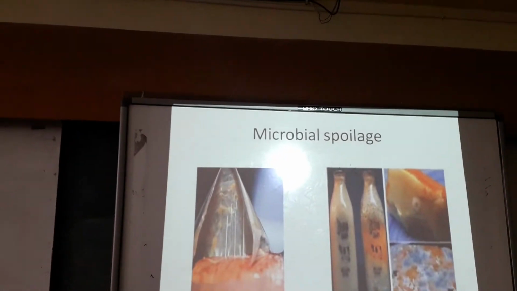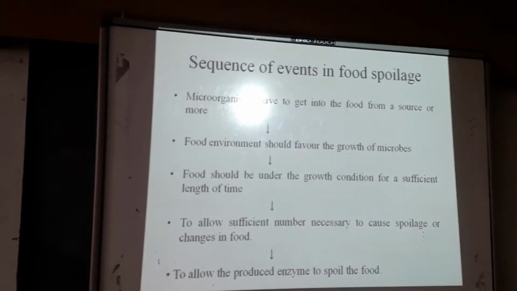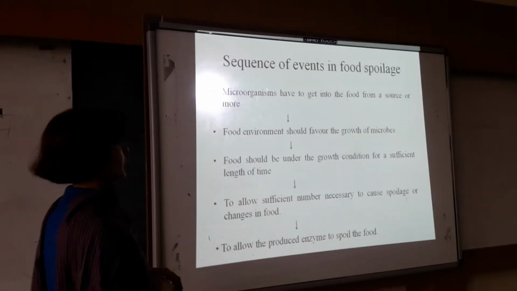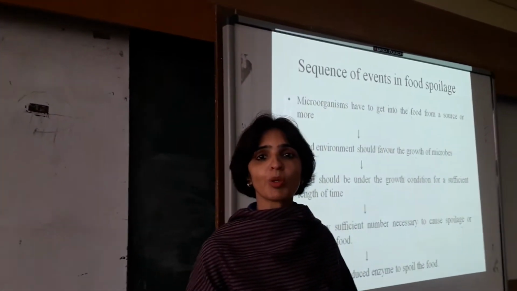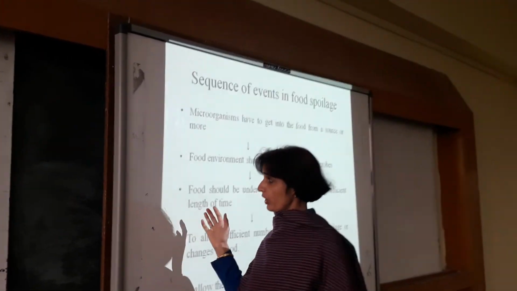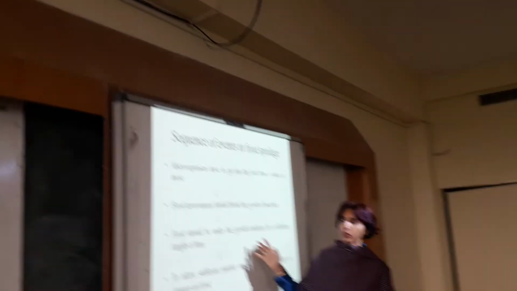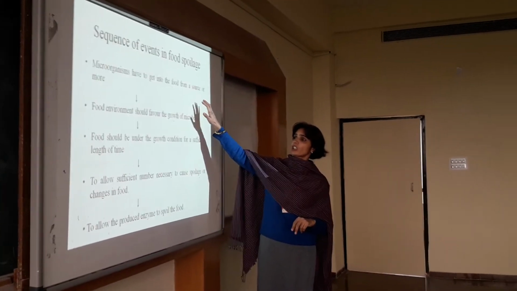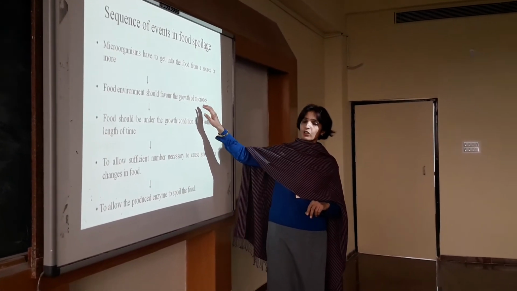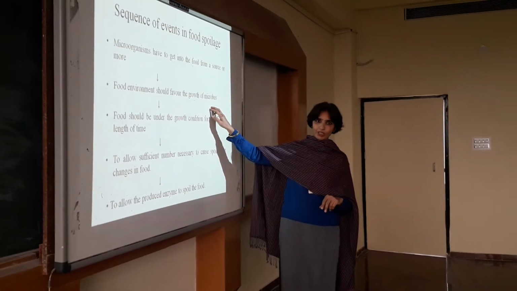Now comes the sequence of events that take place during the spoilage of the food. The first thing is that microorganisms have to get inside the food. Then the food environment should favor the growth of the microorganism.